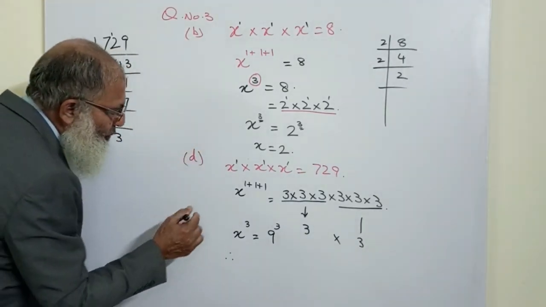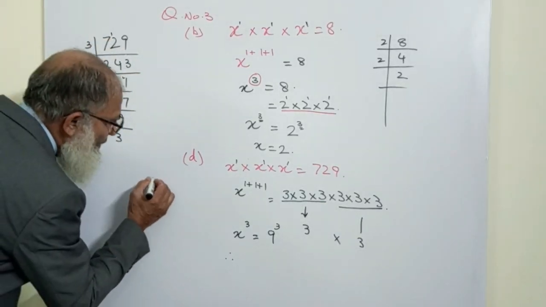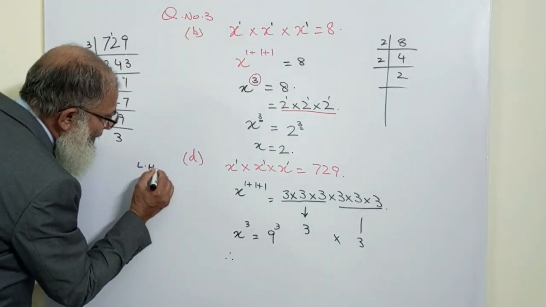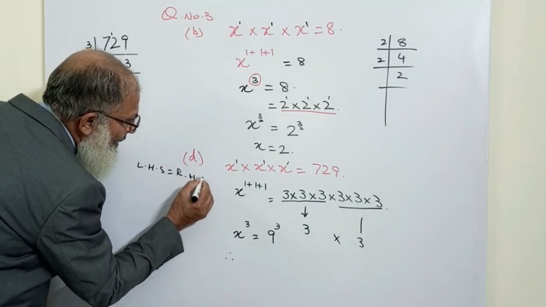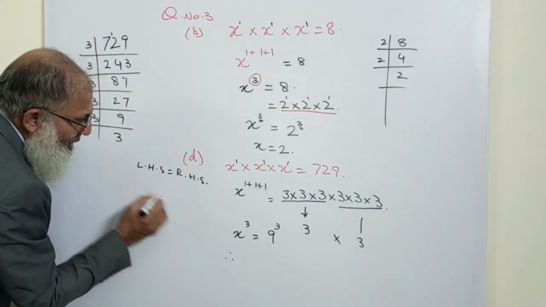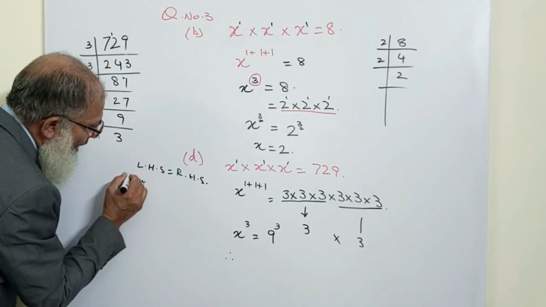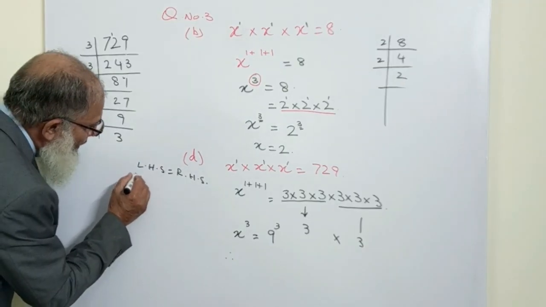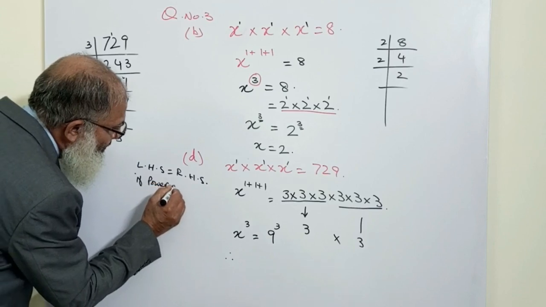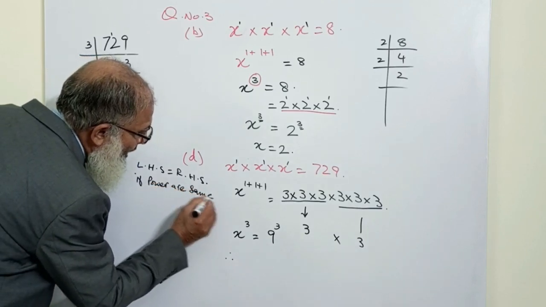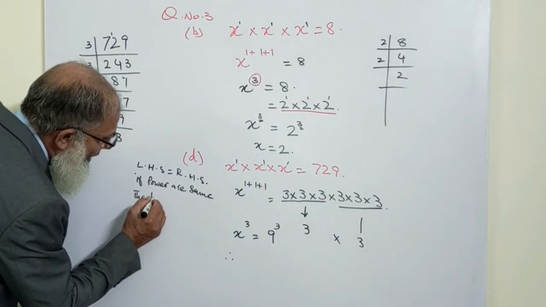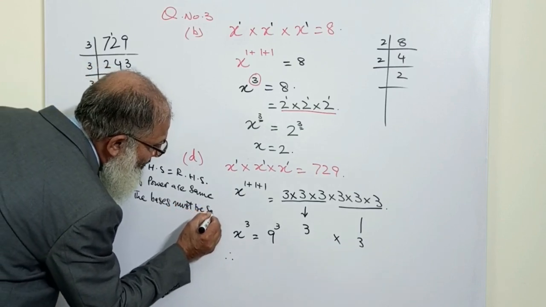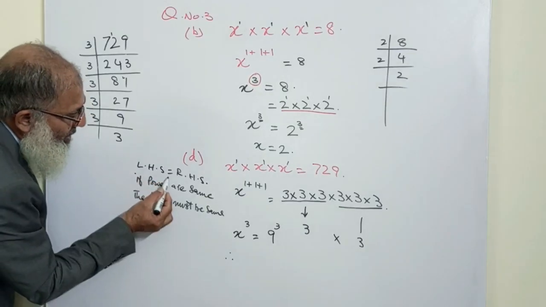If you want to write the reason, you can write that LHS is equal to RHS, then if powers are same, the bases must be same due to this equality sign.